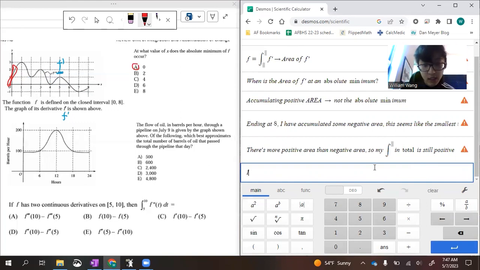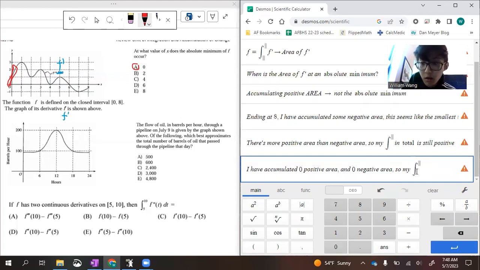Because in that case, I have accumulated 0 positive area and 0 negative area. So my integral is 0, right?